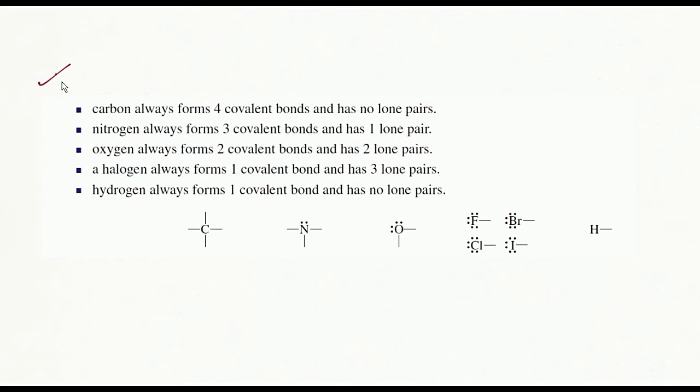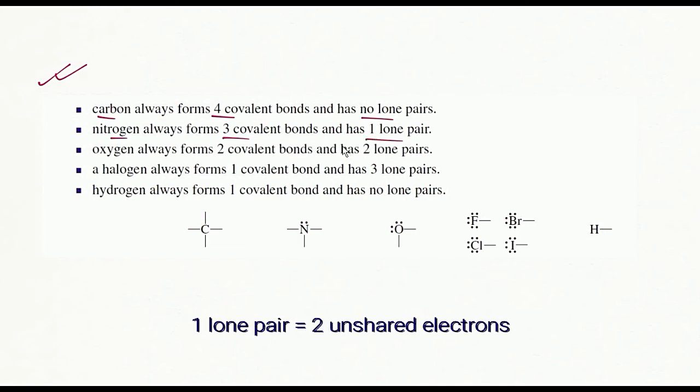These are the situations when atoms do not bear a formal charge. It will be always true that a carbon with 4 covalent bonds and 0 lone pairs has no formal charge. Nitrogen atom with 3 covalent bonds and 1 lone pair has no formal charge.